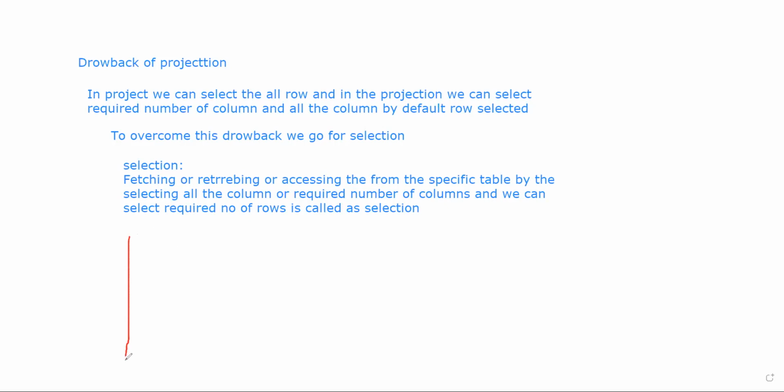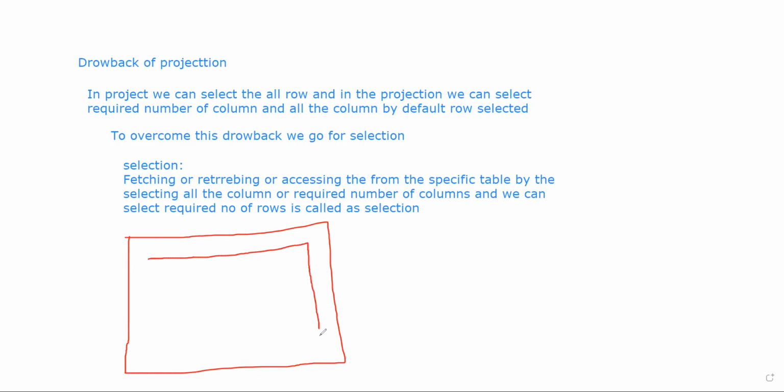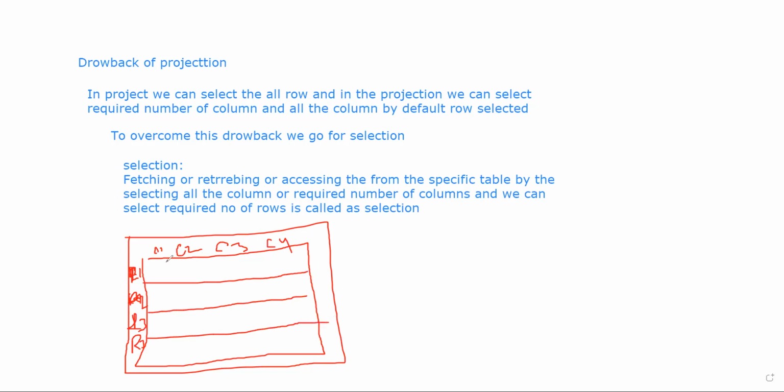Suppose there is a table with columns C1, C2, C3 and C4, and rows R1, R2, R3 and R4, with values 1, 2, 3 and 4. Okay, this is the table, right?